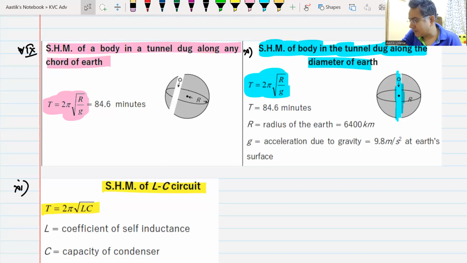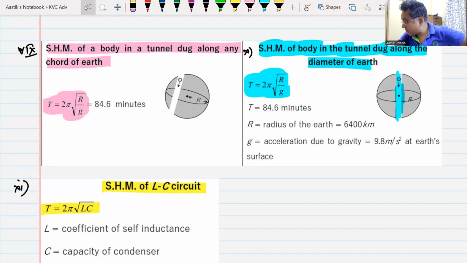We have seen these 11 cases of SHM apart from all those different cases. Now remember, we'll have to remember these results. We cannot prove this SHM here because in most of the cases, these are coming from topics that we have not already done. Anyways, how to prove it, I have already told you.